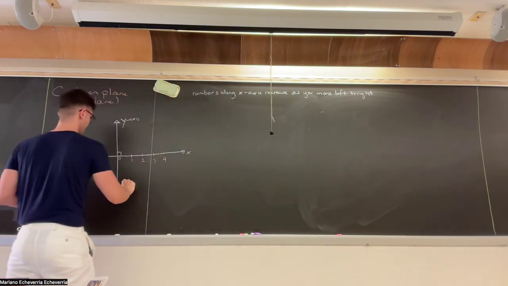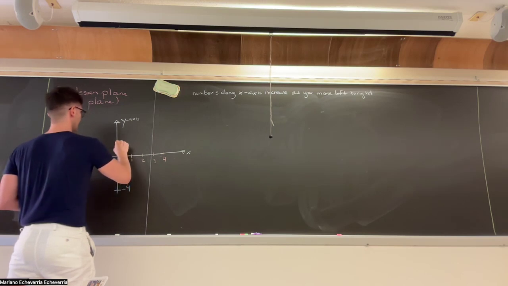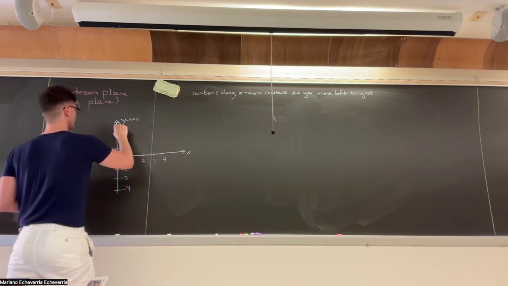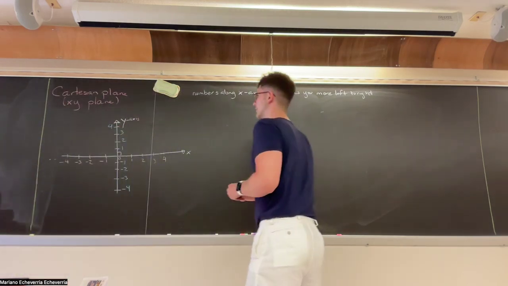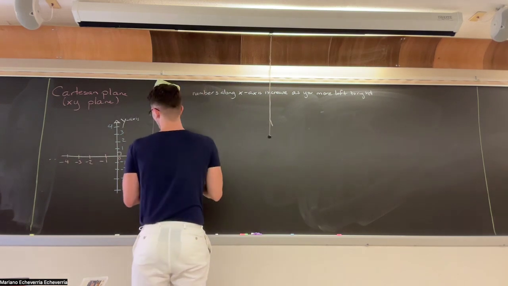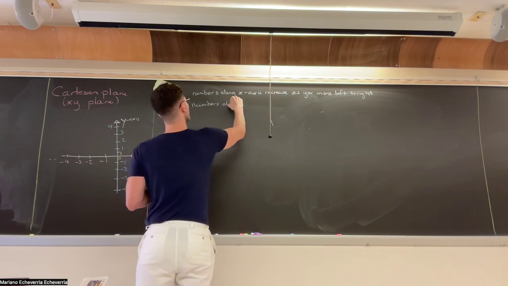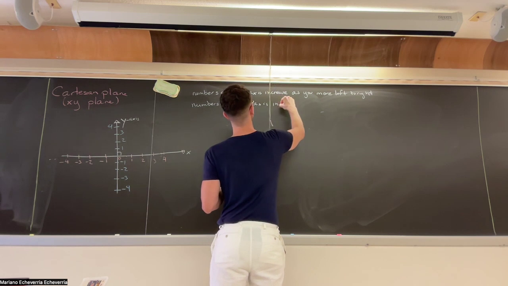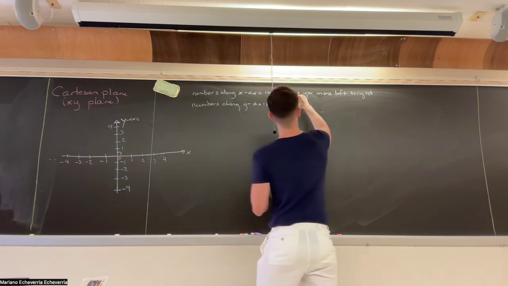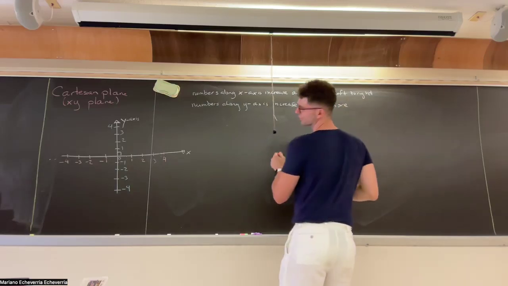So here it would be -4, -3, -2, -1, 1, 2, 3, 4, etc. So the numbers along the y-axis increase as you move south to north.